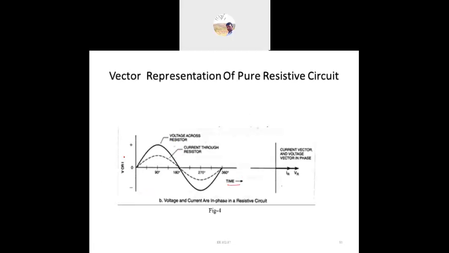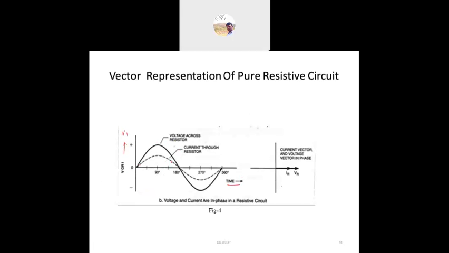V and I both are shown. The thick line represents the voltage, and the current is the dotted line. The maximum points are at 90 and 270 degrees. These are in phase, so both the voltage and current are in phase with each other.